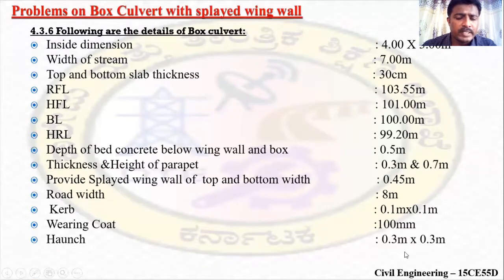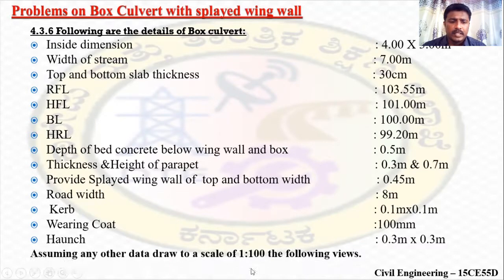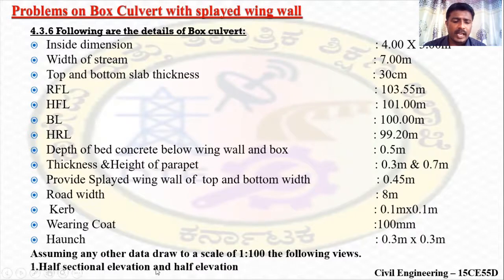Haunch 0.3 meter into 0.3 meter. Assume any other data, draw to a scale of 1:100 the following views: half sectional elevation and half elevation, half plan at top and half plan at bottom.